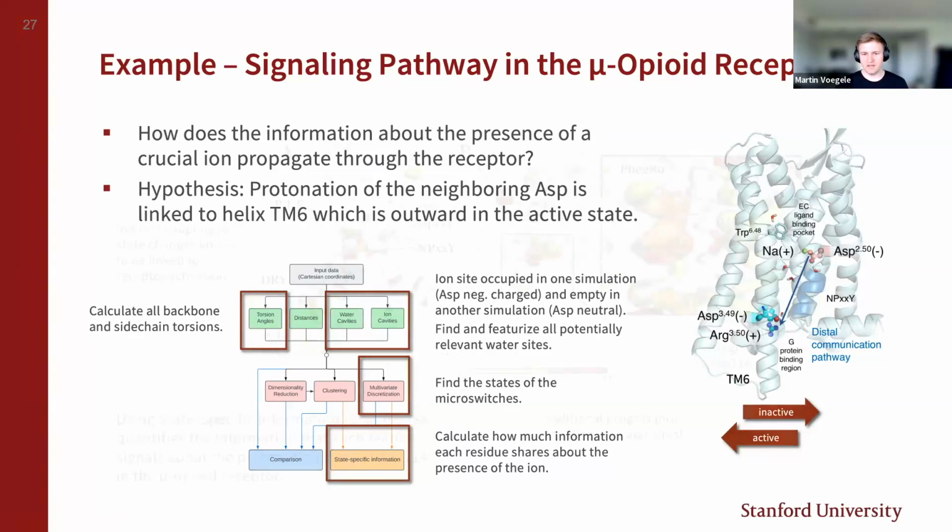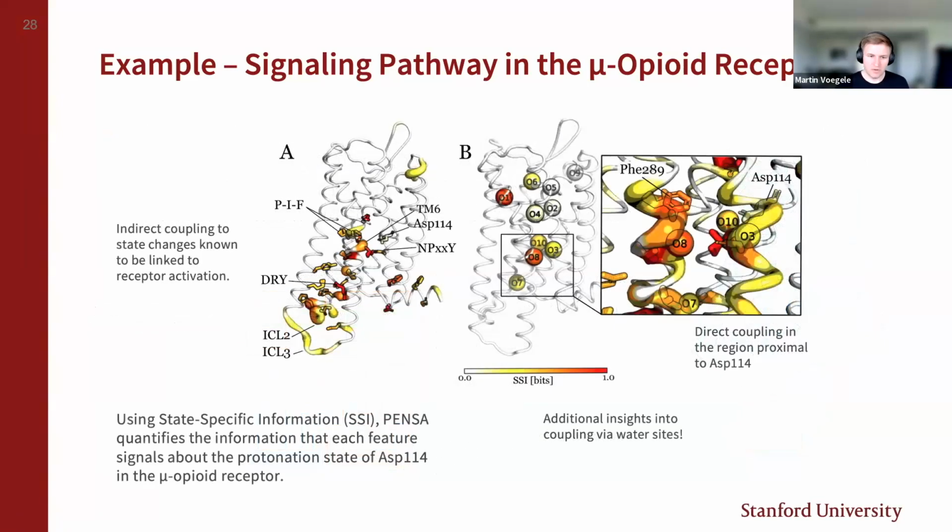What we find is the following: we have indeed this indirect coupling to state changes. Like in these motifs, you don't have to know what these names mean, but we know that these structural motifs are linked to receptor activation. We previously knew that from experiments and from other simulations.